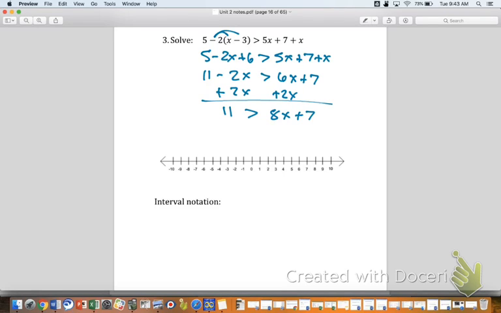To solve this now, we've got to get the x by itself. What would you do first? Subtract 7. Subtracting 7 from both sides gives us 4 is greater than 8x.